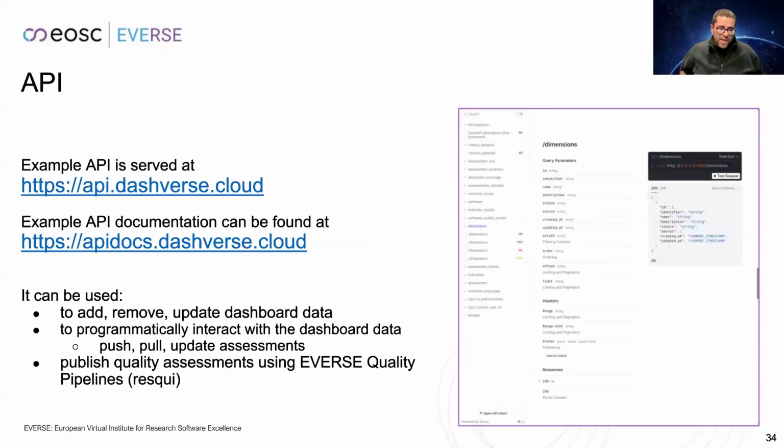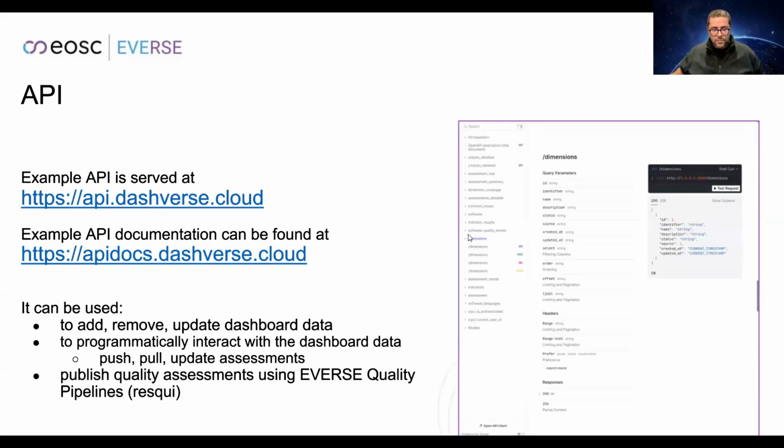As I mentioned, we also have an API. You can go to this link to see the online documentation of the API. You can use this API to change all the charts and all the dashboard data programmatically. You can change the charts, you can change the data, but you can also integrate it with your own services, CLIs, or custom-made applications.